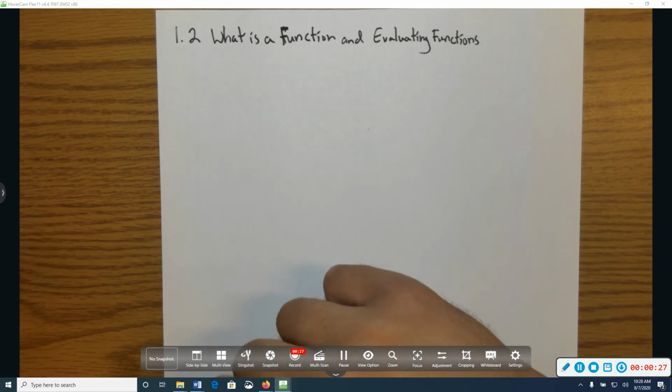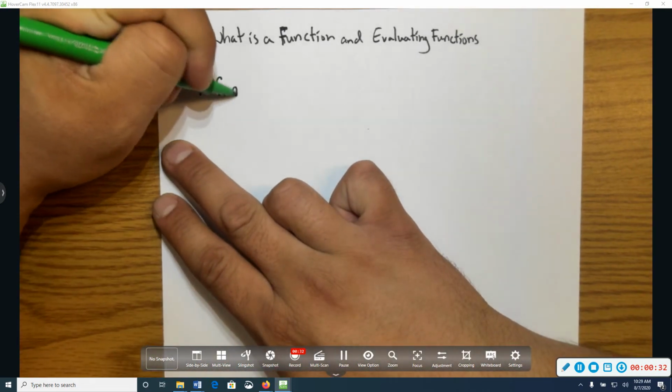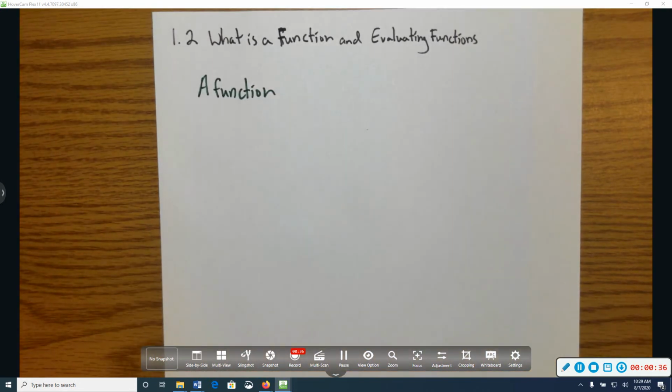So what is a function? A function is kind of like a machine where you plug something in and you get something out, right? And it's one-to-one.